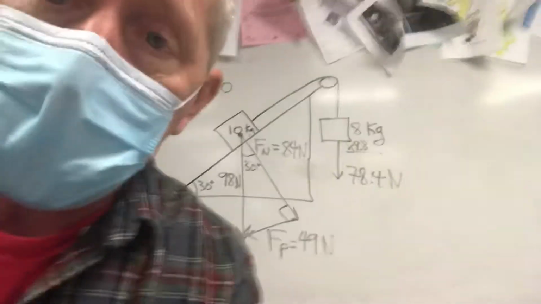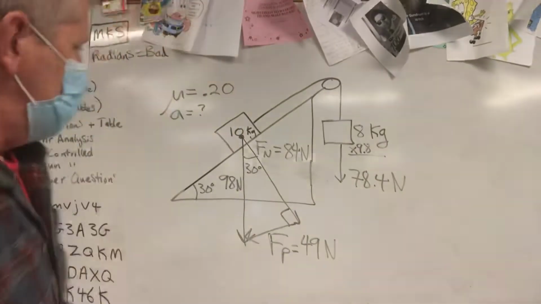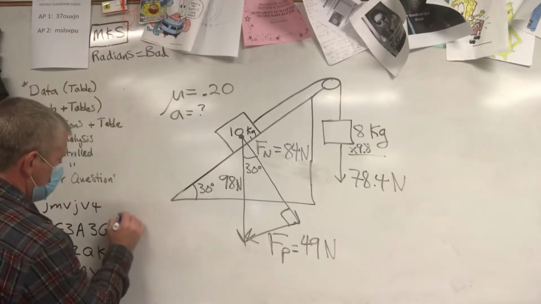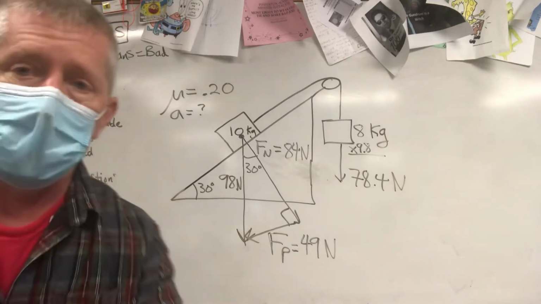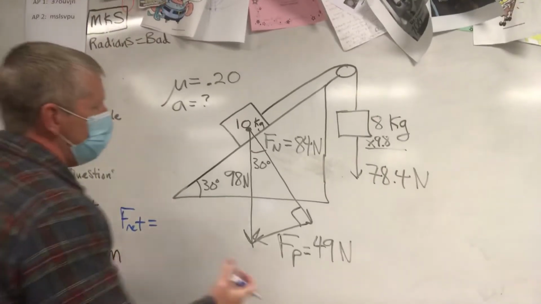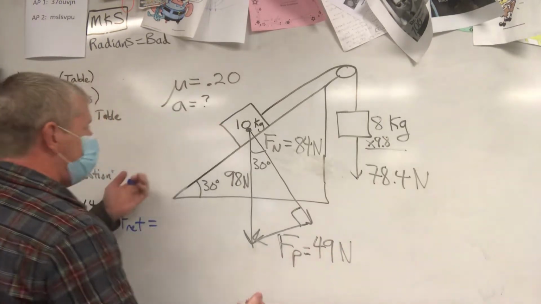Let's go over. Yes, right there. Winners minus losers. Let's go ahead and set that up. We're going to need it. Winners minus losers. Okay. So F net equals winners. Now apparently at this point, we've got this box pulling up greater than gravity pulling it back.